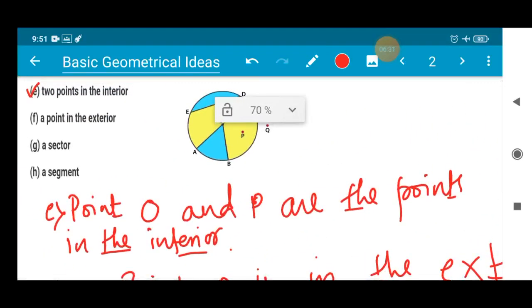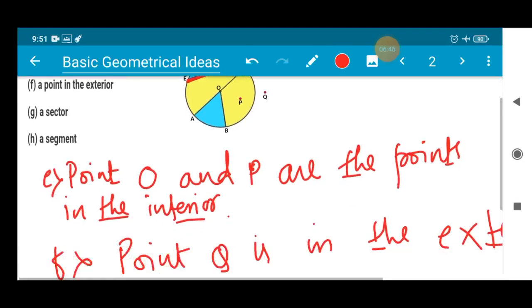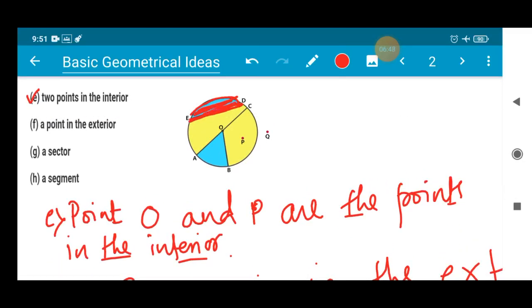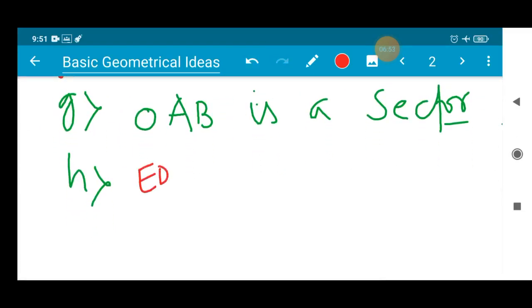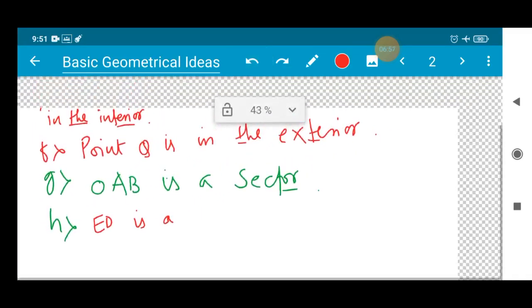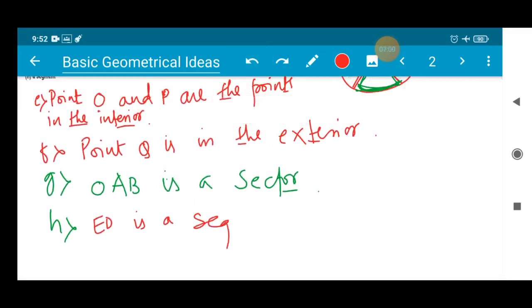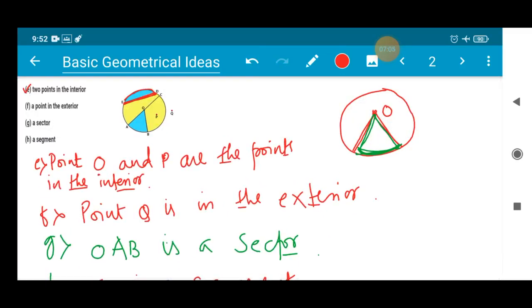Segment, you all know, is a combination of a chord and an arc. A combination of an arc and two radii is a sector, and a combination of an arc and a chord is considered as segment. So this shaded region, the shaded segment is ED.